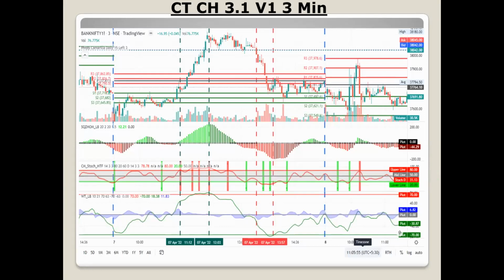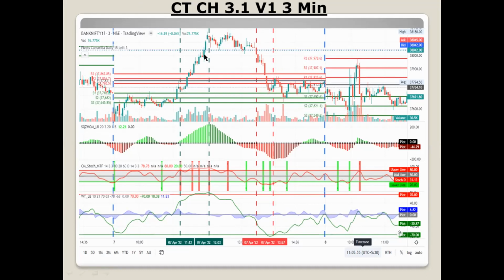This is how chart 3.1 version 1 looks. Here, you can see this chart, right? I have taken the last expiry day as a sample. On 7th April, the market was in an uptrend.